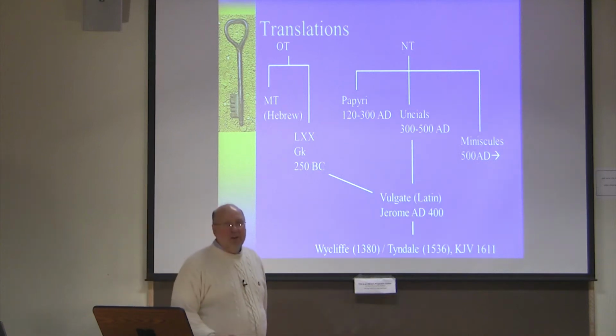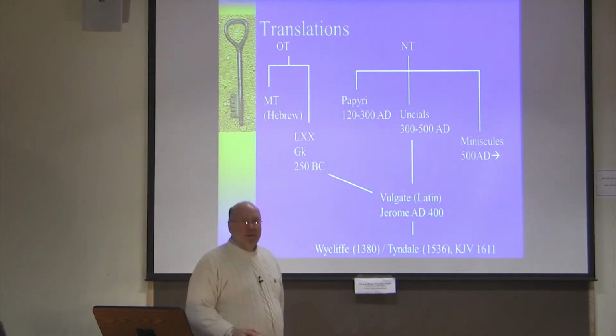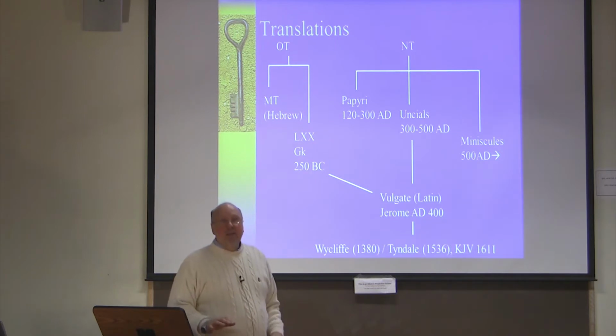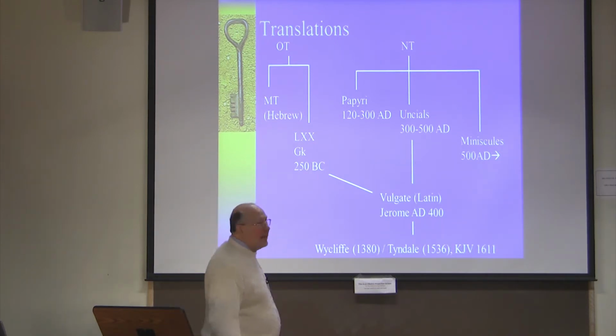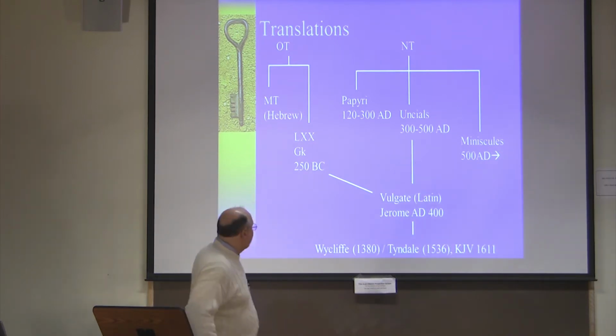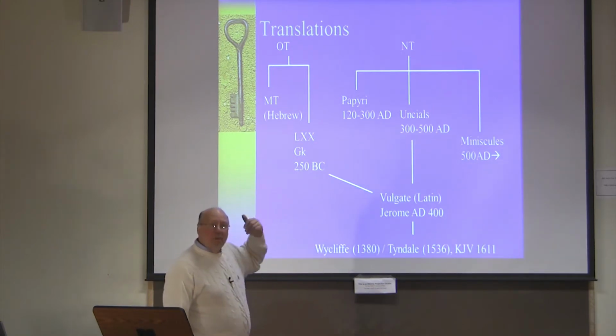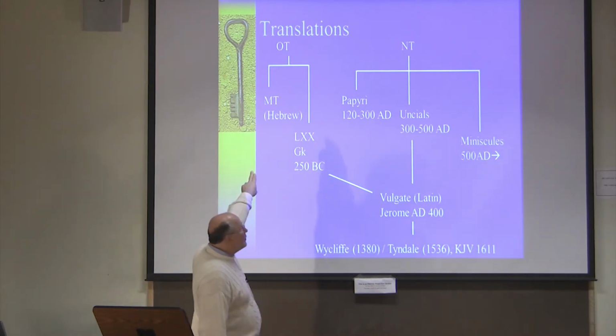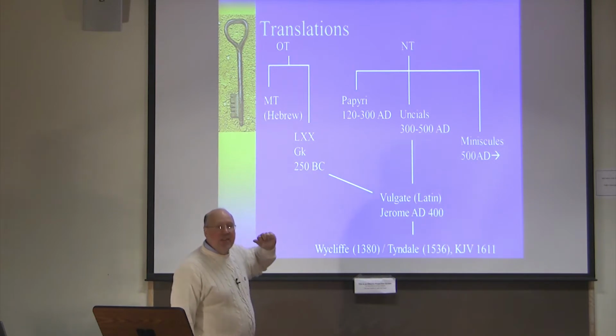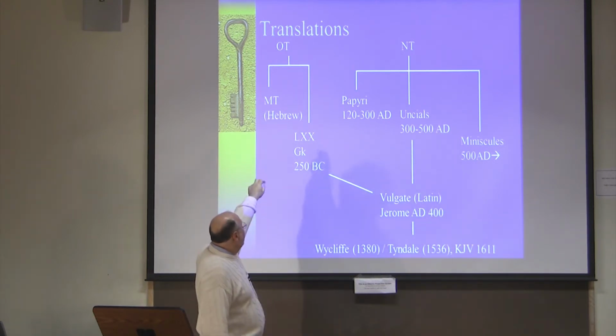Now, this chart is a wonderful chart, and I want to look through it. I think it summarizes so much. Do you remember from our Old Testament class, it basically says you have a Masoretic text, the MT, written in Hebrew.